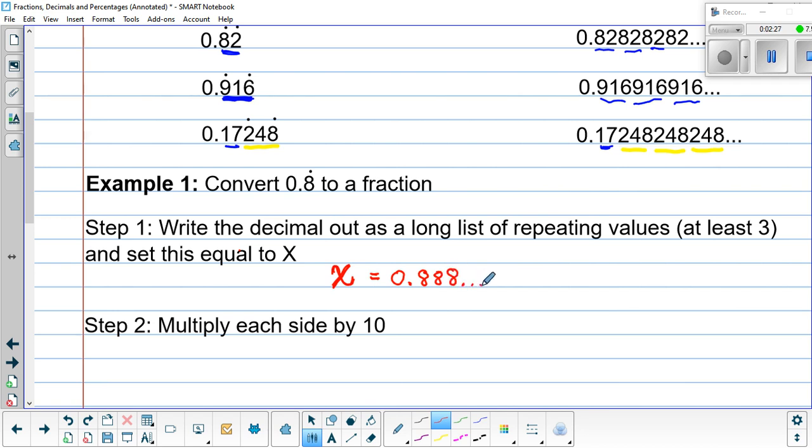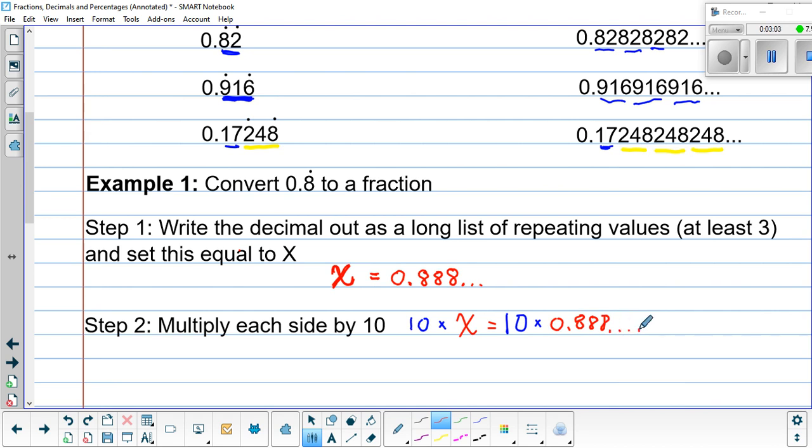Now, we want to take this expression and multiply each side. Just like a fraction, where we'd multiply the top and bottom, we're going to multiply each side. So we go 10 times x equal to 10 times 0.888, and keep going.